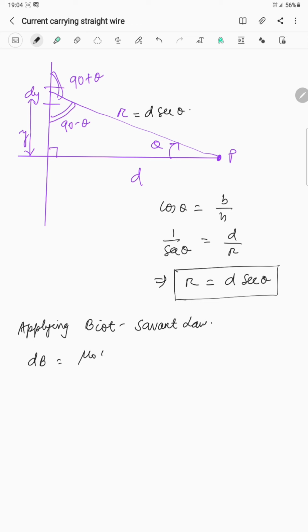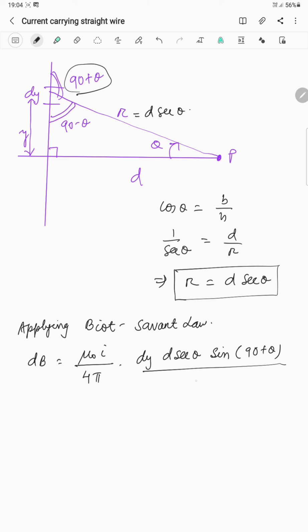Mu naught I divided by 4 pi into the current element dy, then r is d sec theta, and the angle will be 90 plus theta, so sine of 90 plus theta, divided by r cube. So it will be d cube sec cube theta.